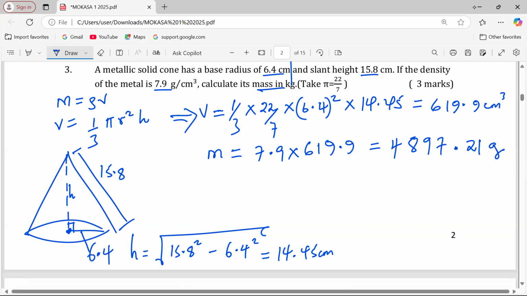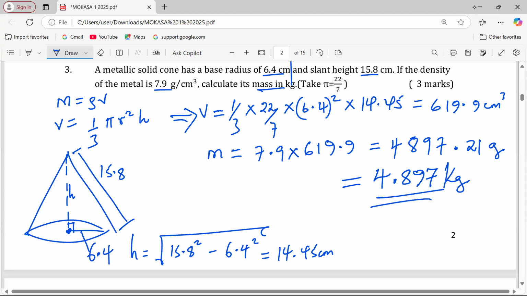This mass is in grams. So to make it kg, we divide by 1,000. 4.897 kilograms. This is to 4 significant figures.